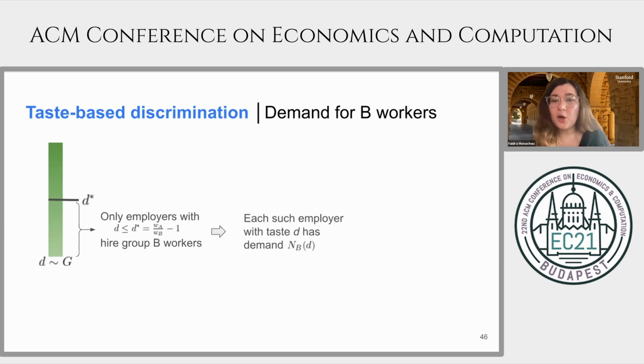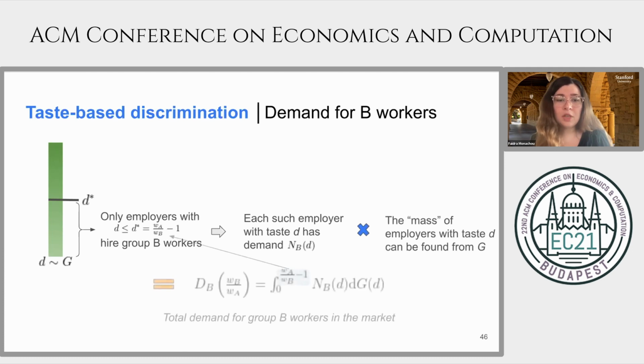But let's not worry about how this NB function looks like, and just assume that we have it and it looks simple. And then what we finally have is that the mass of employers with taste D actually equals the PDF of this distribution. So putting everything together, the total demand for workers is given by the total demand that each of these employers with taste below D star will have.